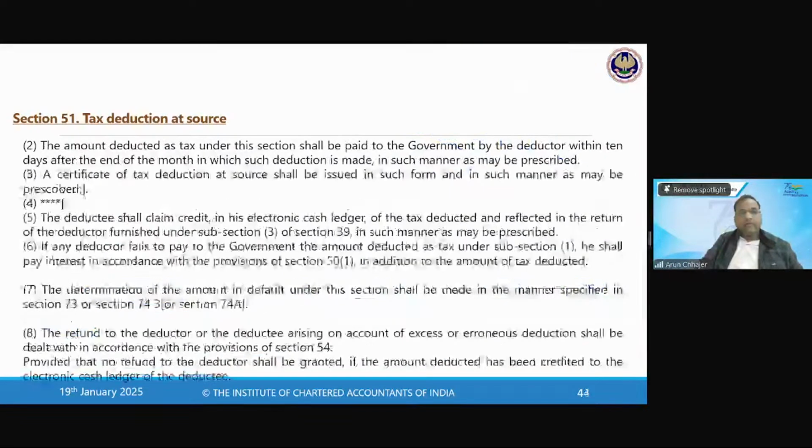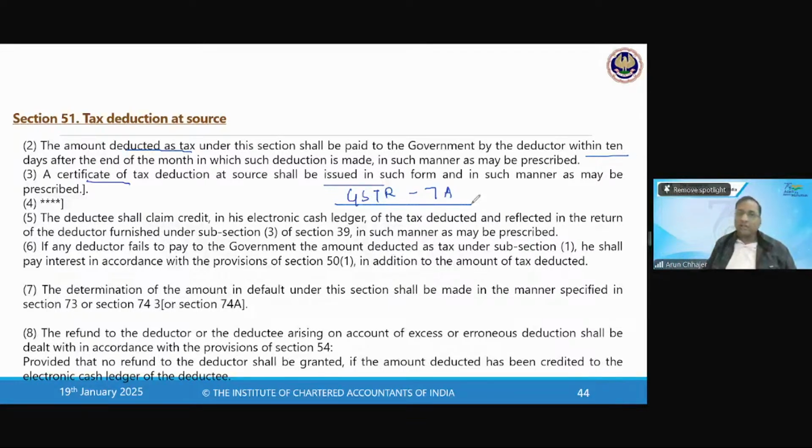Still we have to read some more provisions. Amount deducted will have to be deposited within 10 days. Certificate will be issued as may be prescribed. So GSTR 7A एक फॉर्म है जिस फॉर्म में TDS certificate इश्यू करना होता है. The deductee, that Mr. A, will claim the credit in the cash ledger.